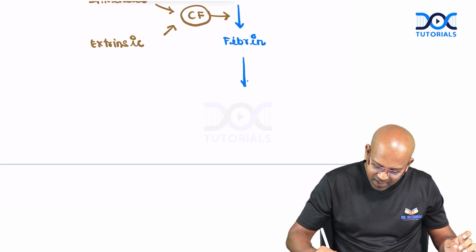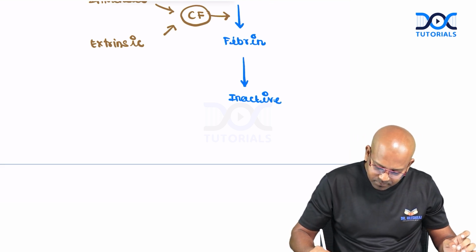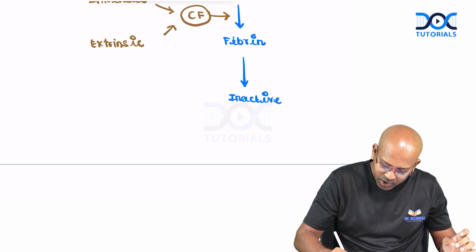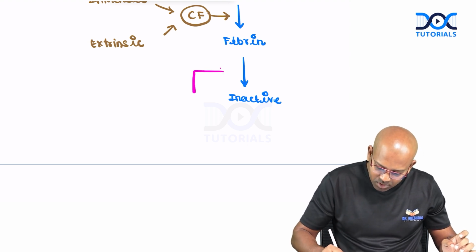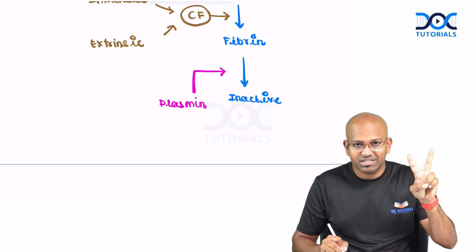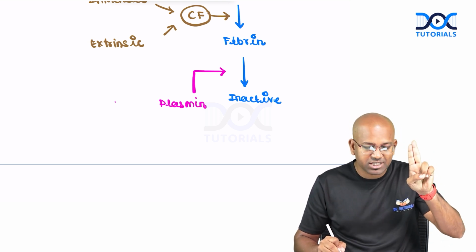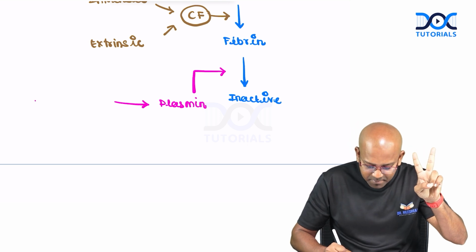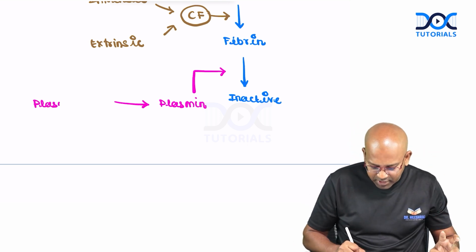This fibrin strand will be broken down to inactive segments with the help of a molecule, and that molecule is plasmin. You remember that? Which is called plasmin? Is this or this? Yes, this is what is called plasmin, which is synthesized from plasminogen molecules.